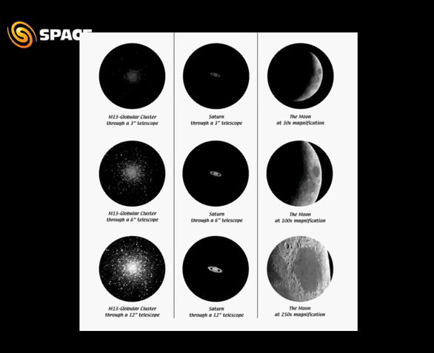Then a 6-inch telescope will clearly show the rings, and a 12-inch at the same magnification will show you so many rings. And on the right hand side you can see the moon at 30x magnification, at 100x, and at 250x in the same area. So you can see what you can see with different sets of telescopes.